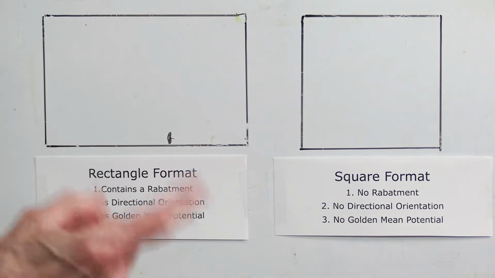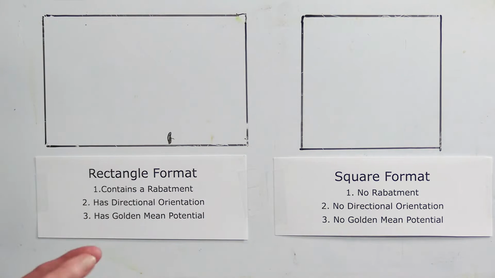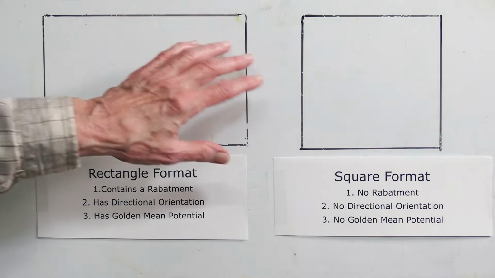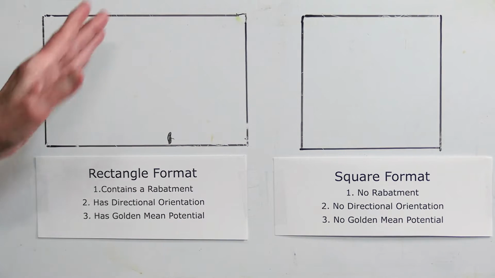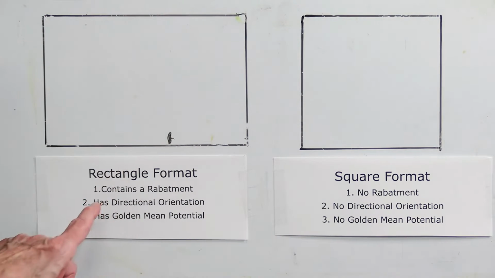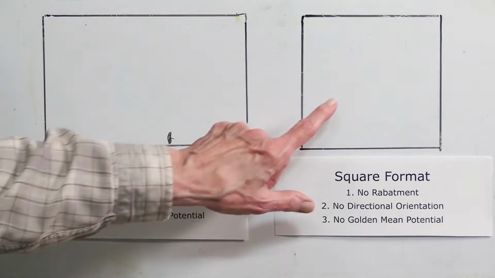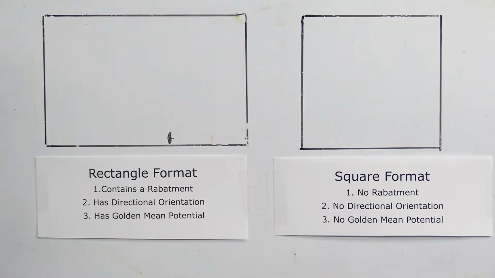Now they call that a portrait format. I kind of argue with that because you can do landscapes in that too. But I like to think of it as a horizontal orientation of the canvas or a vertical orientation. That's what I mean by directional orientation, where this one has no directional orientation.